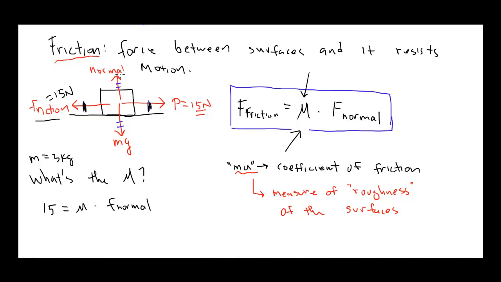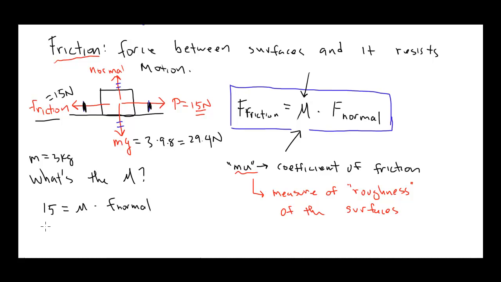Okay, well, what's the normal force? Well, here it is. That's the normal force, but what is it? In this case, it has to be equal to mg, right? This block is not accelerating in the y direction, up and down, obviously. So these two must be equal, so it must be equal to mg. Well, mg is 3 times 9.8, which is 29.4 newtons.